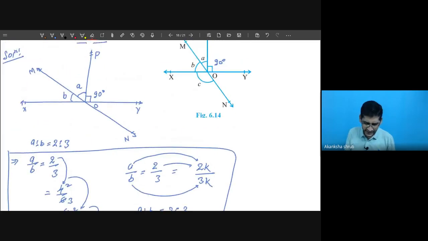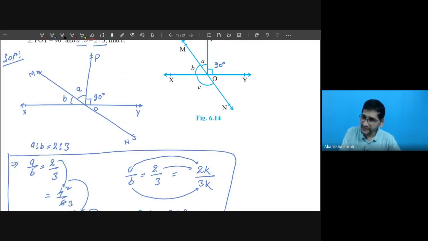Students, we shall write it directly over this. In place of A, we can take 2K and in place of B, 3K.